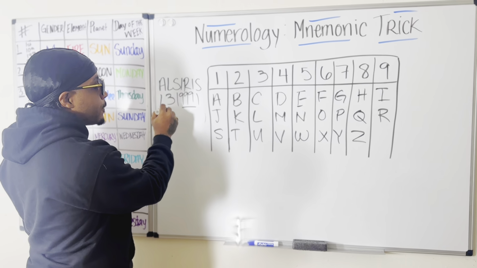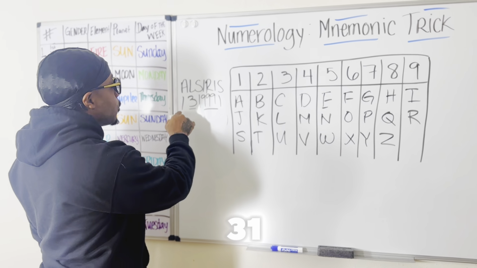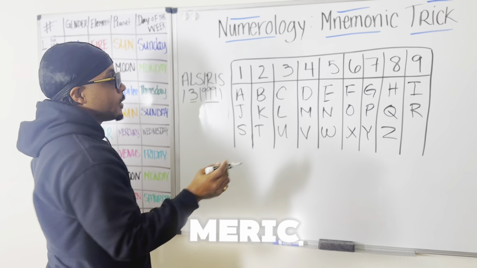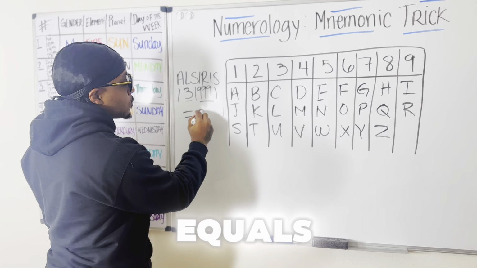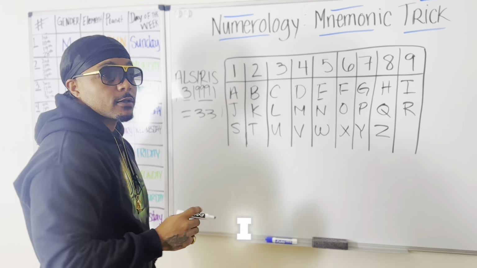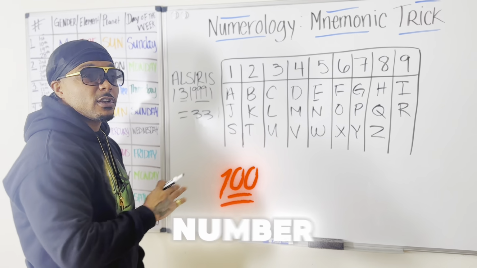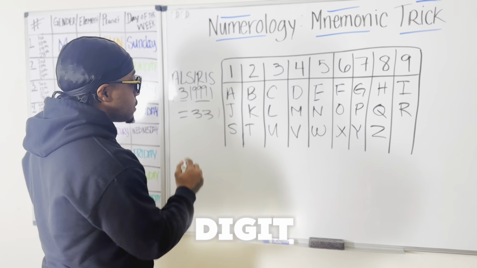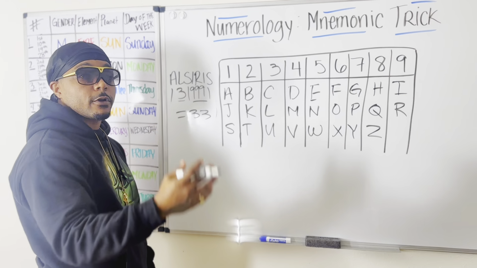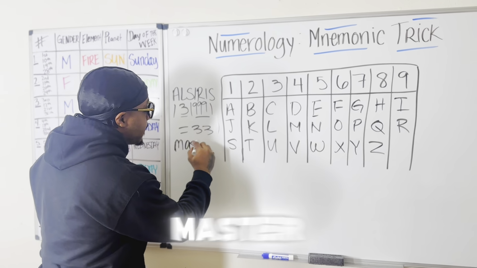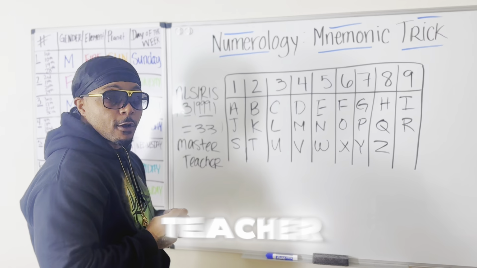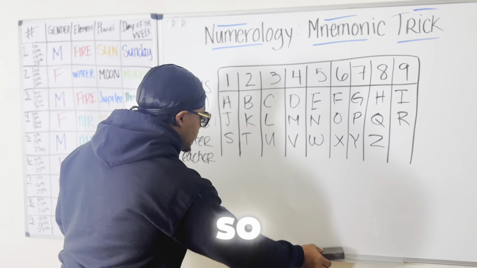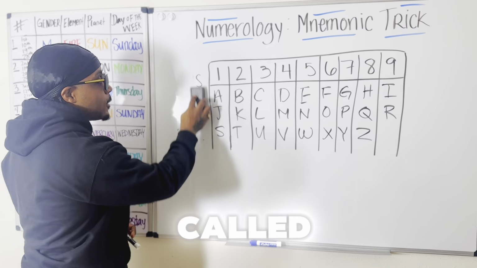Then we have 30, then 33. So the numeric value of ALsiris equals 33. And remember I told you if it's a master number, you don't reduce to a single digit. So this right here, the number 33, is the master teacher. All right? So what you guys should do, decode your name.